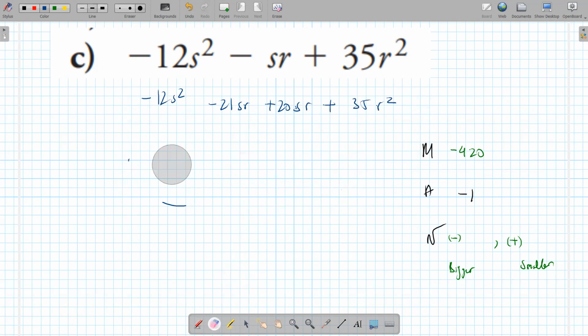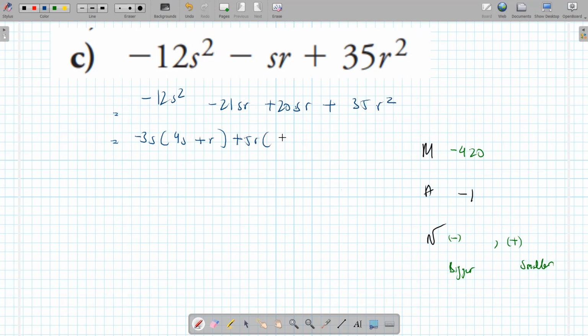From the first two terms, what can we pull out? Negative 3S. Pull out the negative there, because otherwise we won't be able to go to the next step. So it's going to be negative 3S. You're left with 4S plus R. What can we pull out from the next two terms? 5R.